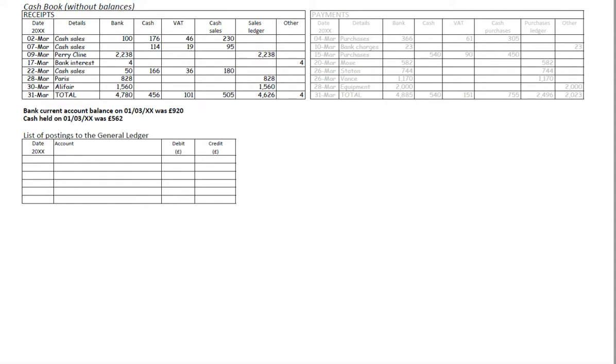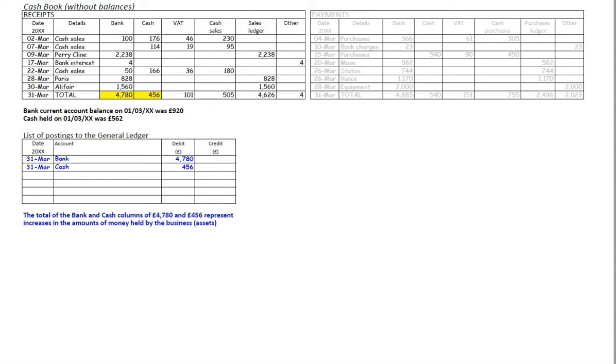Now, both of these record increases in the amount of holdings of money that we have in our bank account and in our safe or strongbox or till, and both represent increases in assets, and increases in assets are always recorded as debits. So we're going to debit our bank account with £4,780 and we will debit our cash account with £456.